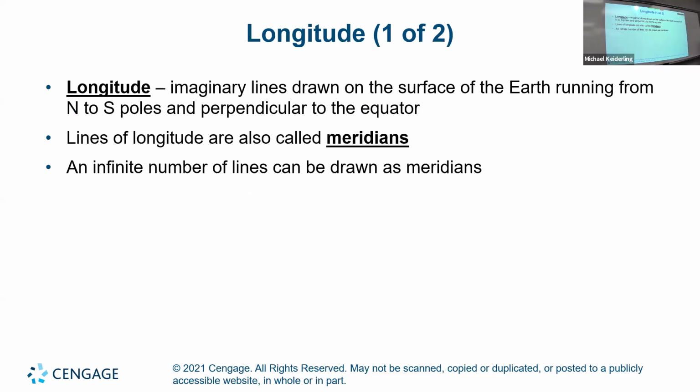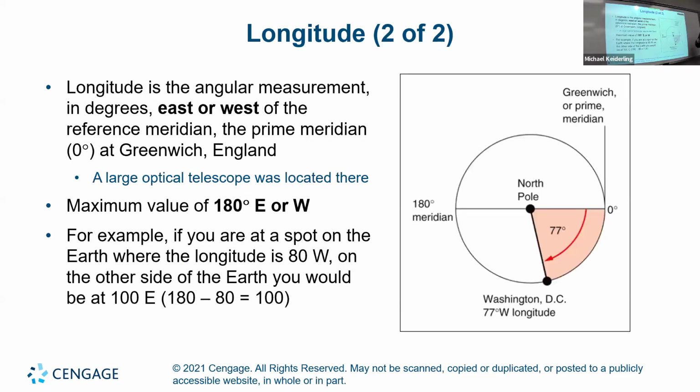And they're measured from an arbitrary location called the prime meridian. It's degrees east or west of the reference meridian, which is the prime meridian in Greenwich, England, which was chosen in a big conference, basically.